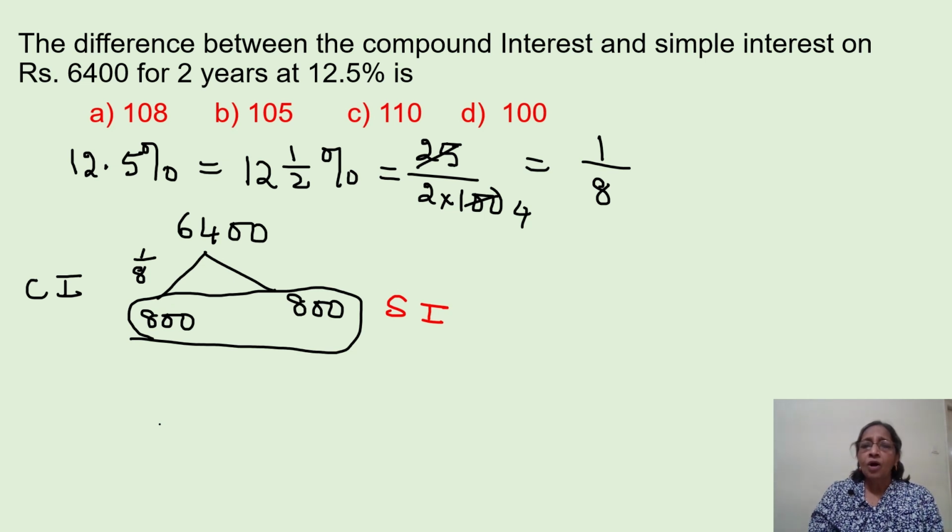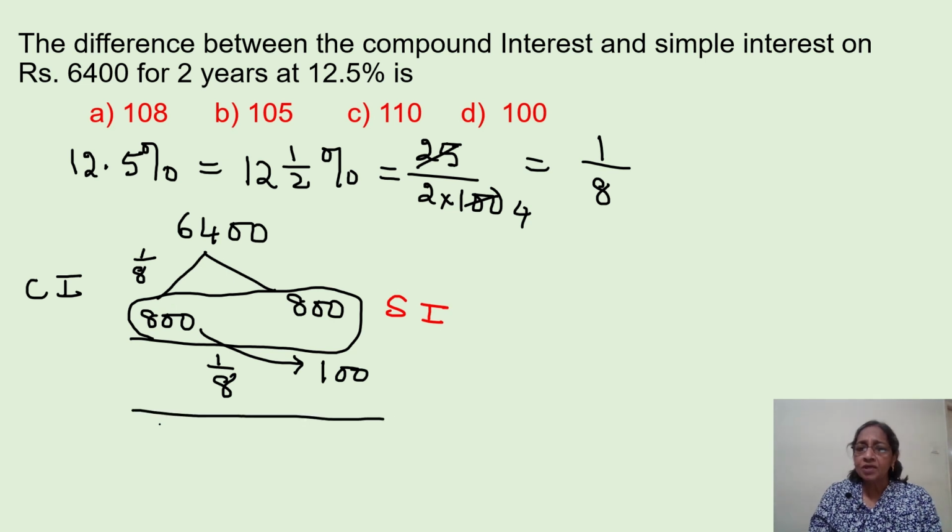Then the compound interest, again, there would be a 1/8 on this. That is nothing but 100. So if you look at your total compound interest, it is going to be 800 plus 900 here. You need not even calculate because the difference between both would be 100 rupees only.